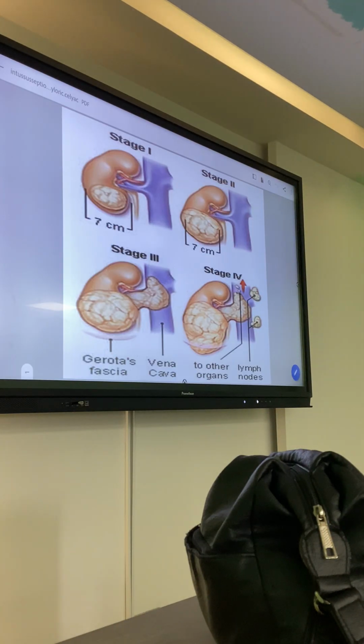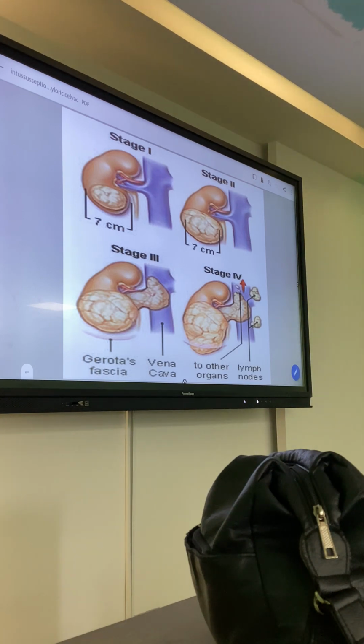Something important is that cancer in pediatrics is a disaster. Do you agree? And metastasis to the vena cava is dangerous.